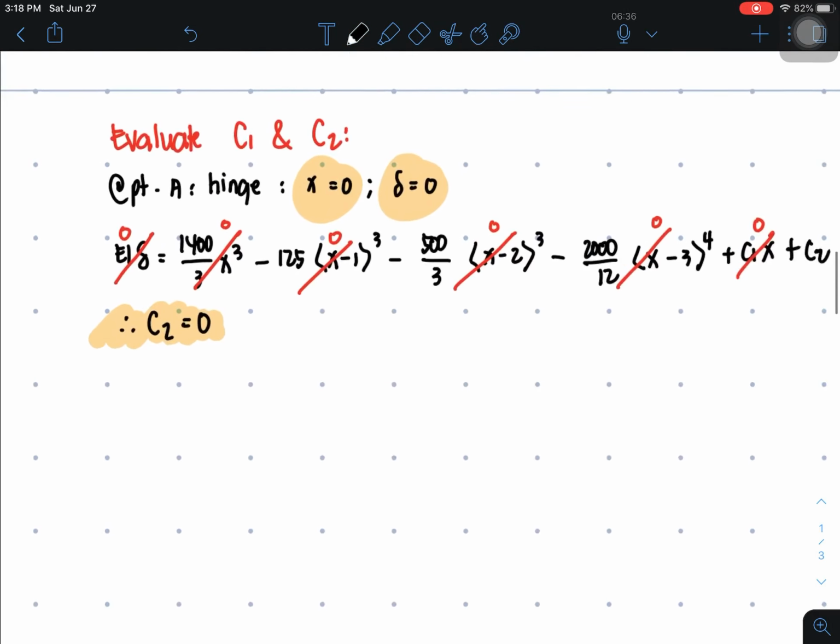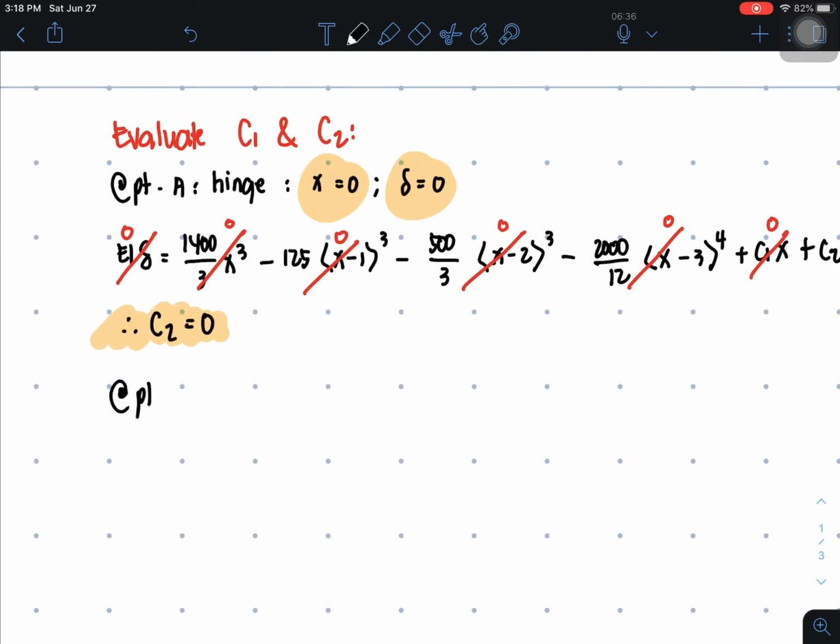Let's proceed to the next point, which is at point E. At point E, there is a roller, at x equal to 5 meters, and it will give us deflection equal to 0.